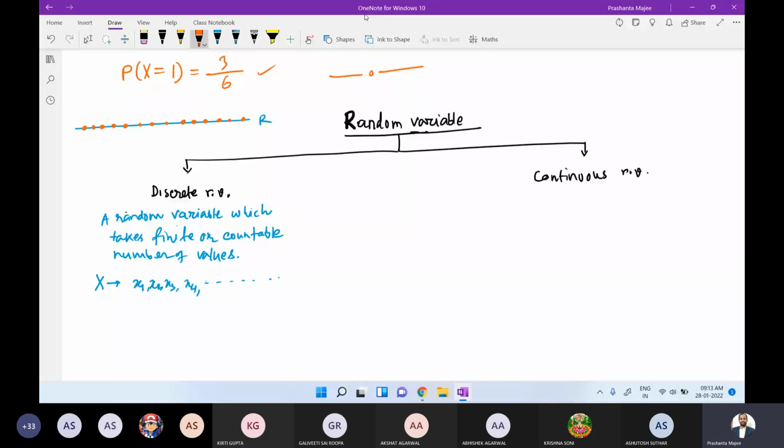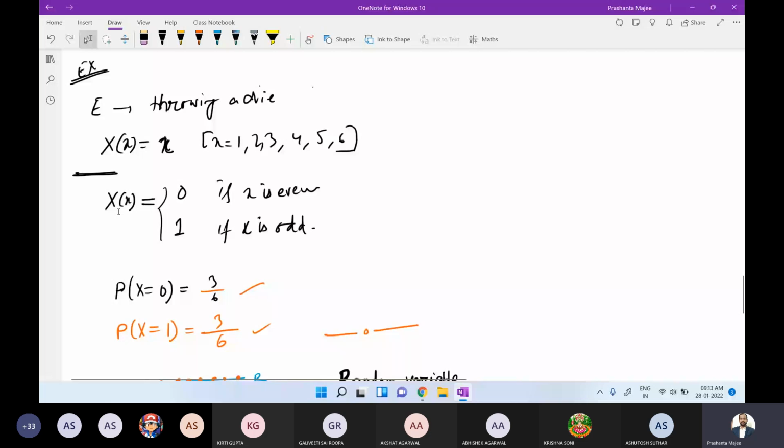Take the random variable which I have defined here: capital X equals 0 if the face value of the die is even, and 1 if the face value of the die is odd. The random variable takes only 0 or 1, so only two values are there, and we can separate them. So this is an example of a discrete random variable.